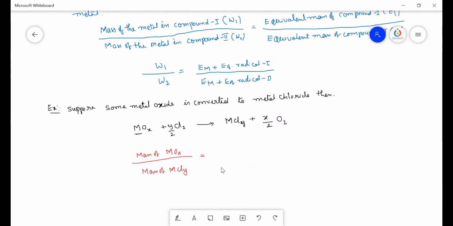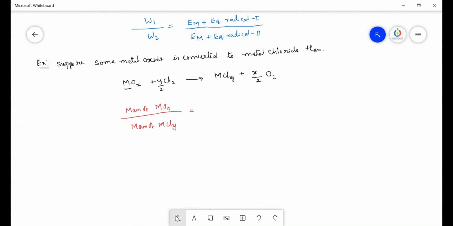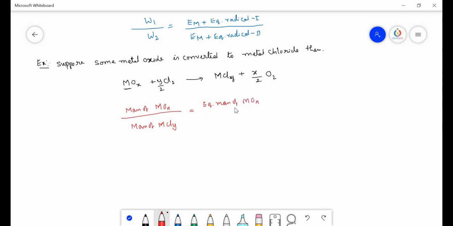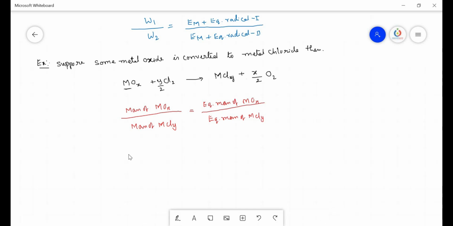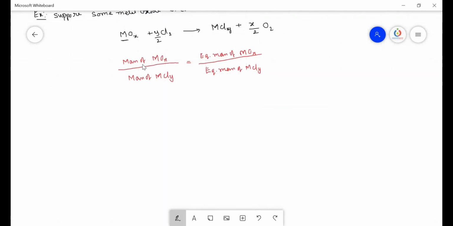So the equivalent mass of the metal oxide we have to take here, divided by the equivalent mass of the metal chloride. Now let's try to elaborate this.